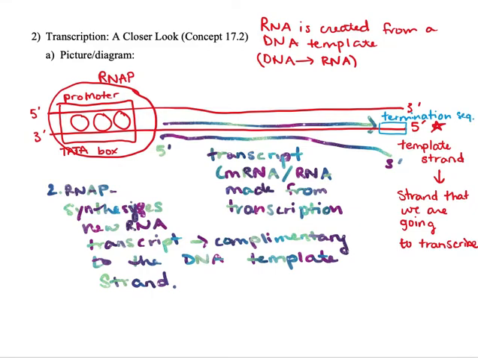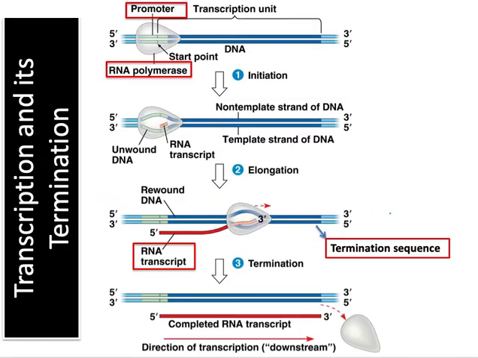Okay, I'm going to show you here in your book diagram. The termination sequence is going to be a sequence that signals the formation of a string of A's on the transcript.